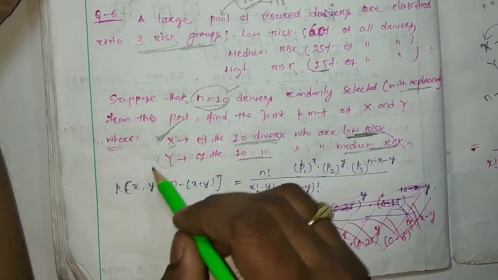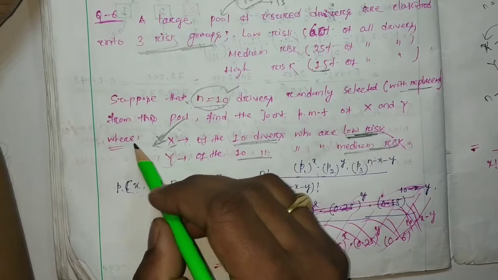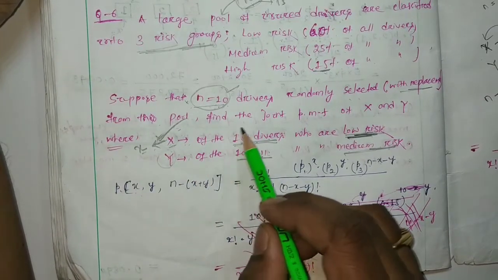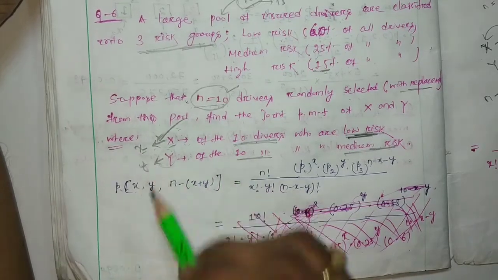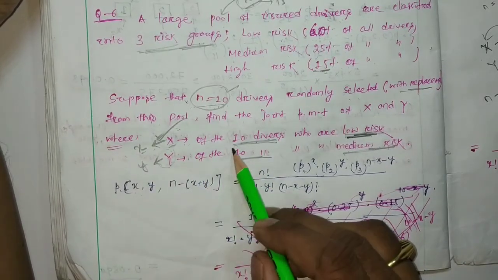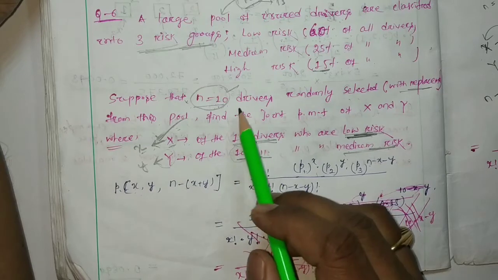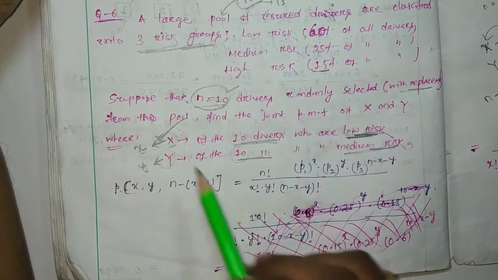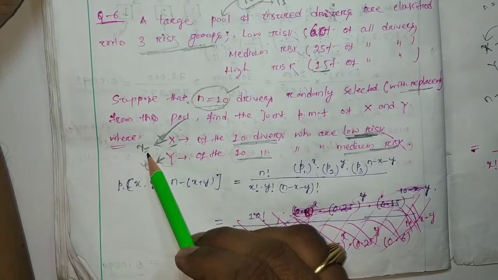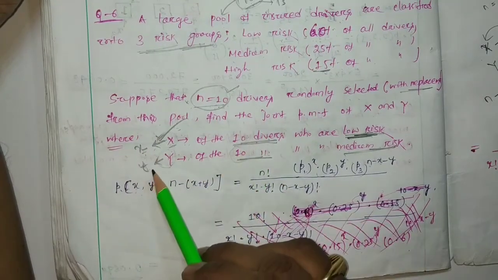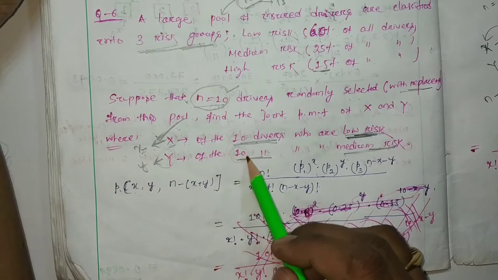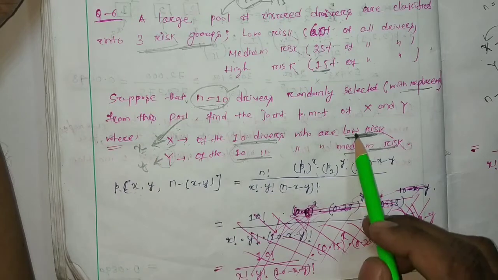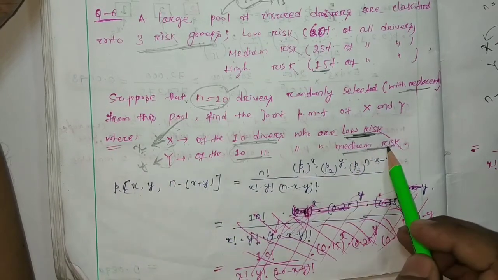So suppose for this case small x is the number of drivers among these 10, and small y is the number of drivers among these 10 drivers whatever you have selected randomly from this pool. Okay, so X is the number of drivers among the 10 belonging to low risk, Y is the number of drivers among the 10 belonging to medium risk.